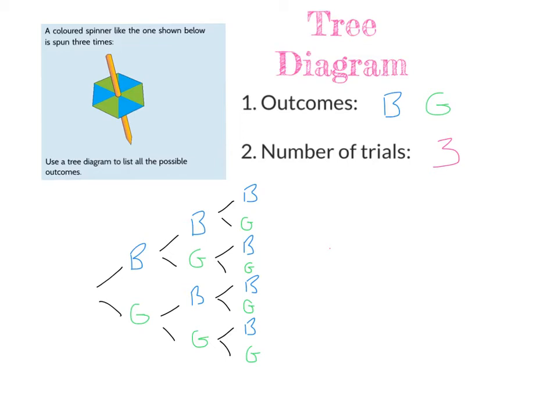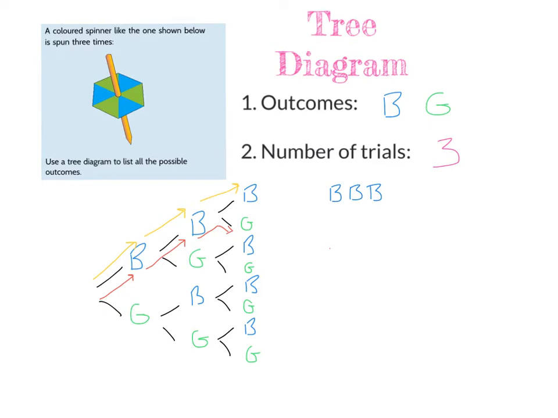To measure this then, we'll draw arrows. So you start on your first spin, you could get a blue. Second spin, you could also land on a blue. And on the third spin, you could land on a blue. So our combination would be blue, blue, blue. In the same way then, we can spin it and land on a blue, land on a blue again, or land on a green.